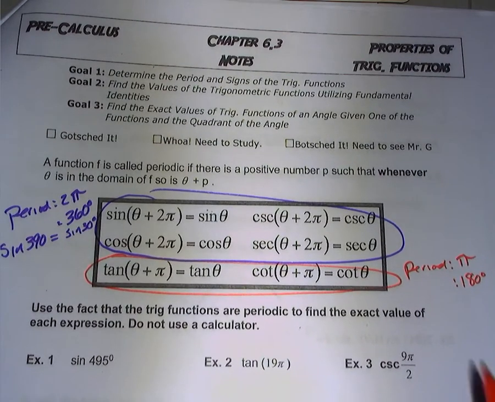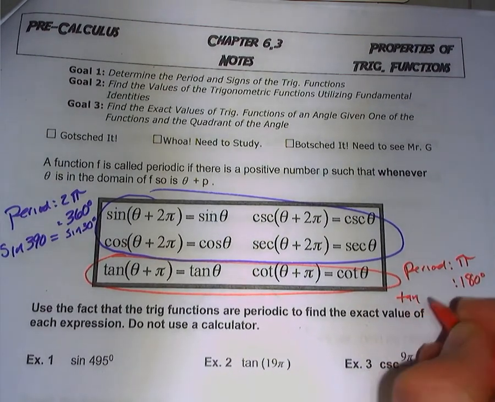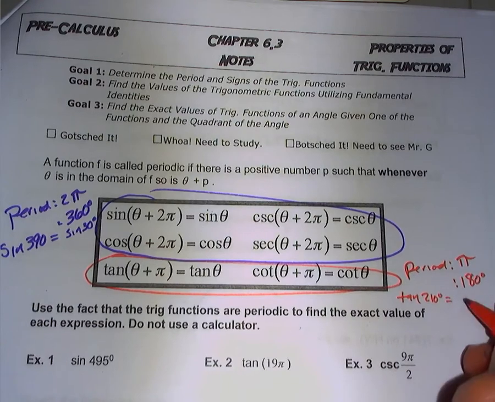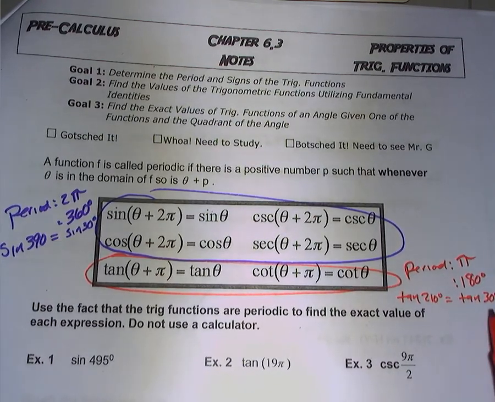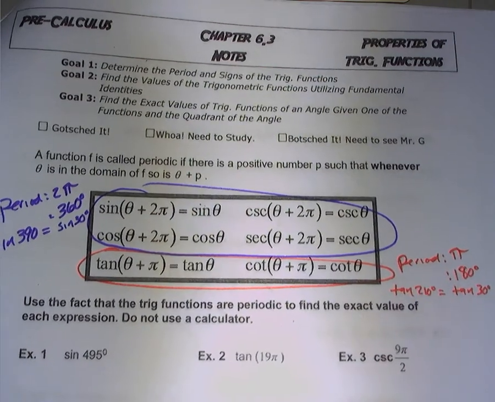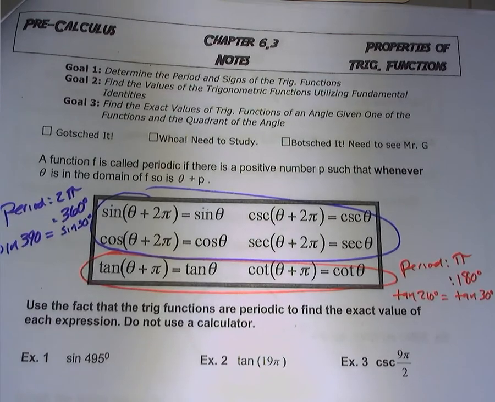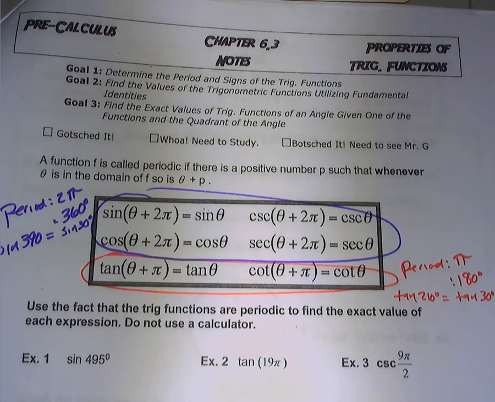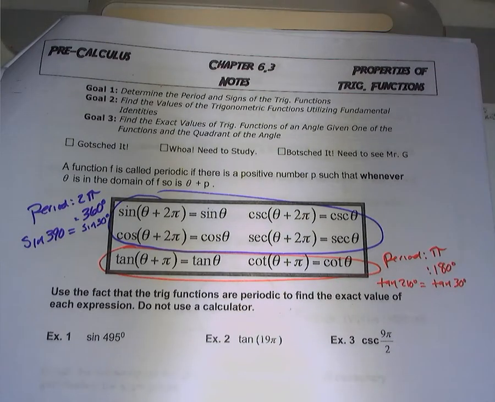So the tangent of 210 is the same as the tangent of 30, because 30 degrees plus 180 is 210. If I wanted to find the tangent of 210, I could just find the tangent of 30. Now, we normally don't do that, but that is a possibility. Once you get to 180, tangent starts repeating again, and then it starts repeating again. So it's half of a revolution.